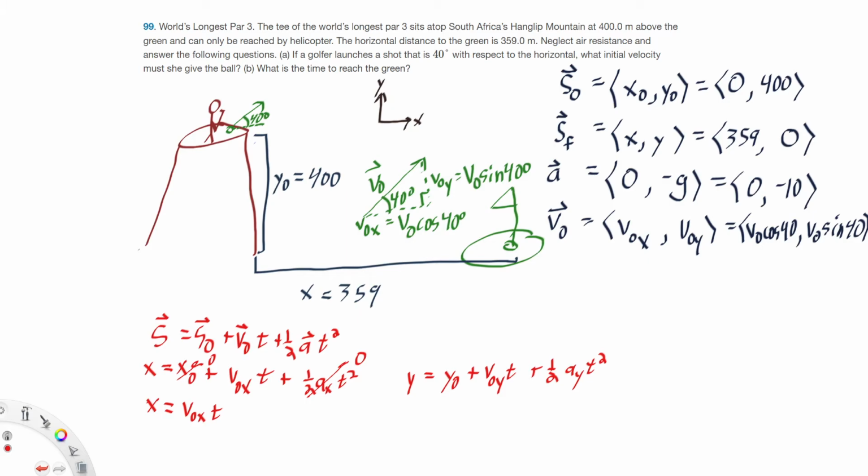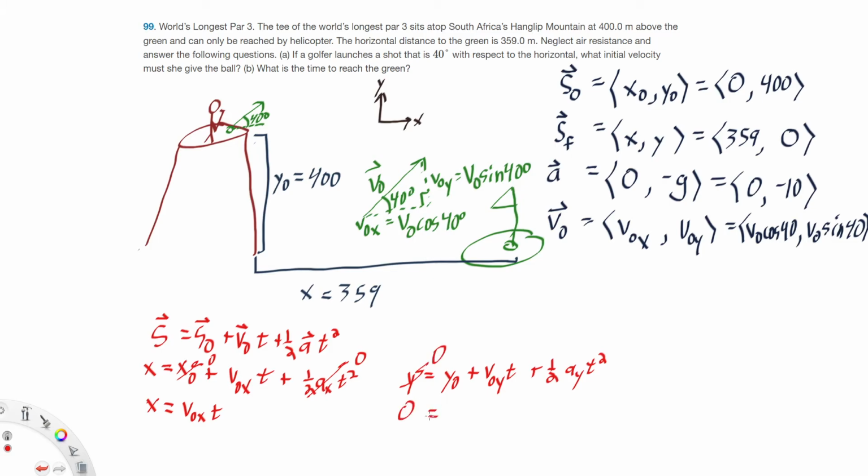Good guess, Trainmaster, but actually remember, initial velocity is something we don't know. So that's an unknown. But Eric, that's right. The y final is going to be 0 because we said the green is at height 0. So when the ball's on the green, it'll be at height 0. So we can rewrite this.